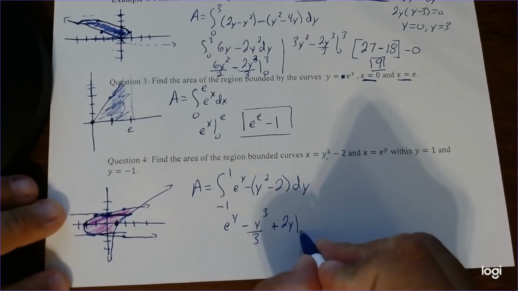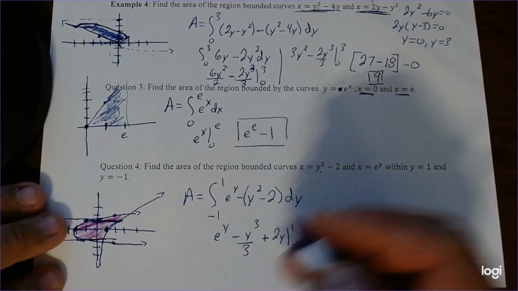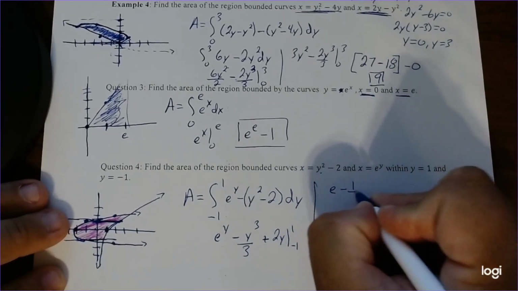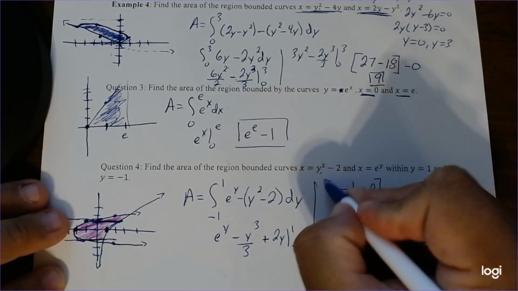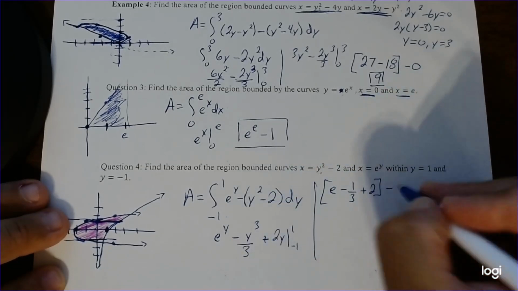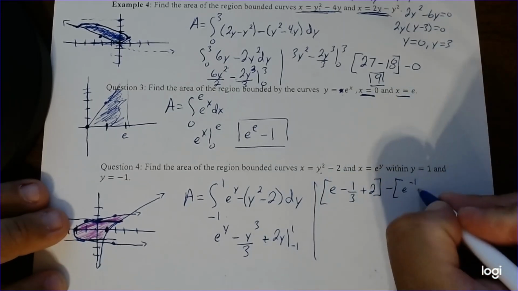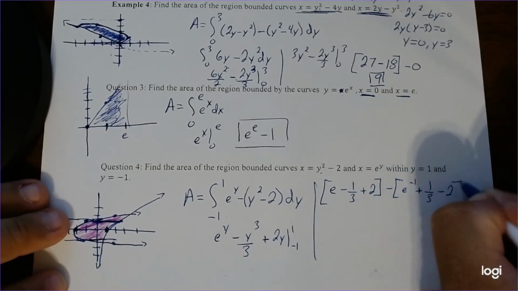Plus. Okay. Plug in 1. This is just going to be e minus 1/3 plus 2, minus. Plug in negative 1. That's just e to the negative 1 power plus 1/3 minus 2.